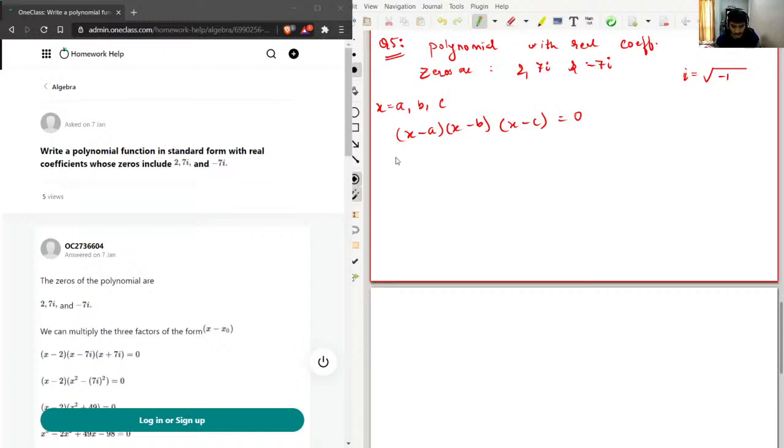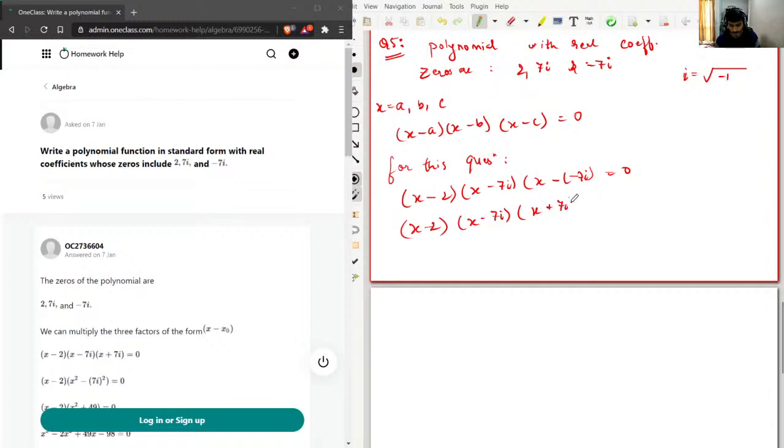So I can write it as x minus 2, x minus 7i, x minus negative of 7i equal to 0. So this will become x minus 2, x minus 7i, and x plus 7i.